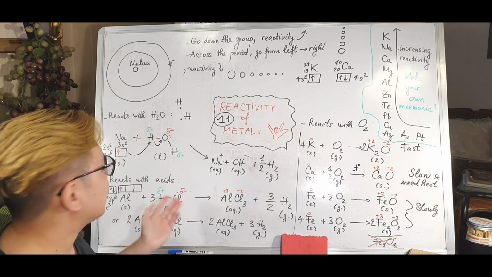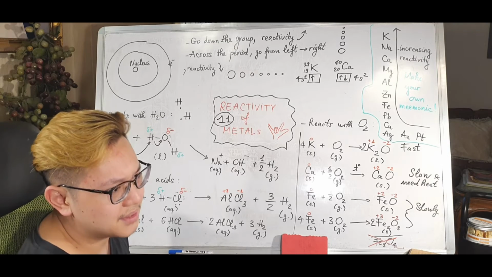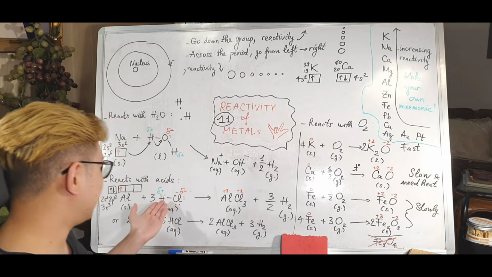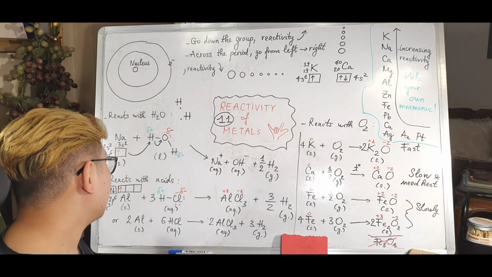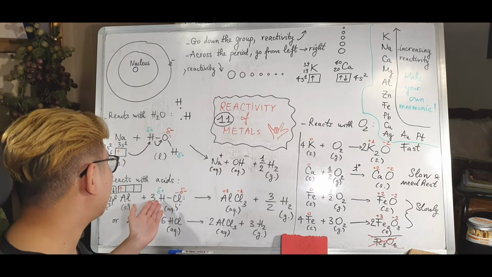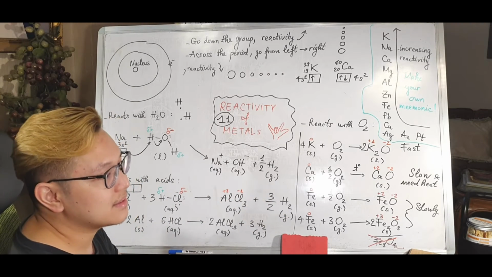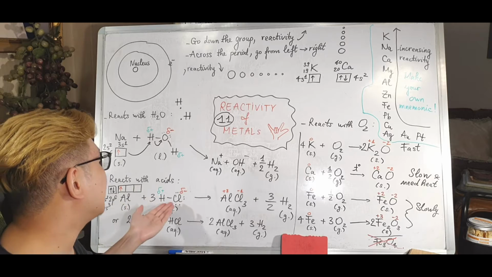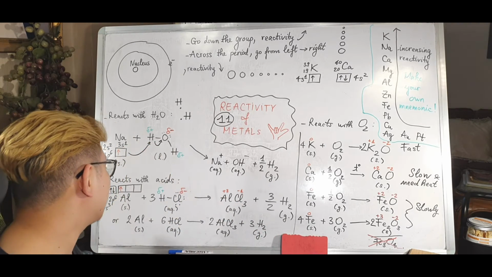However, when you look at strong acids, the dissociation is often very high, like 100% for HCl, for example. 100% dissociation, so there's a lot of H+ in the environment to react. That is the reason why reactions with acids are generally faster and stronger than reactions with water.